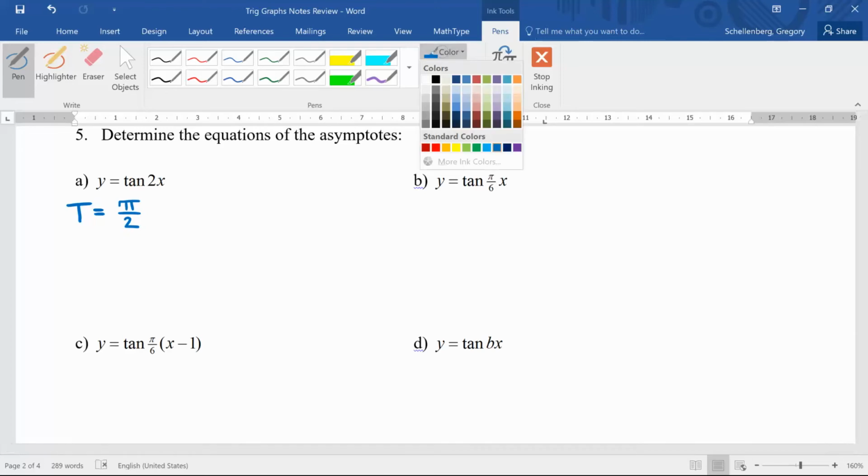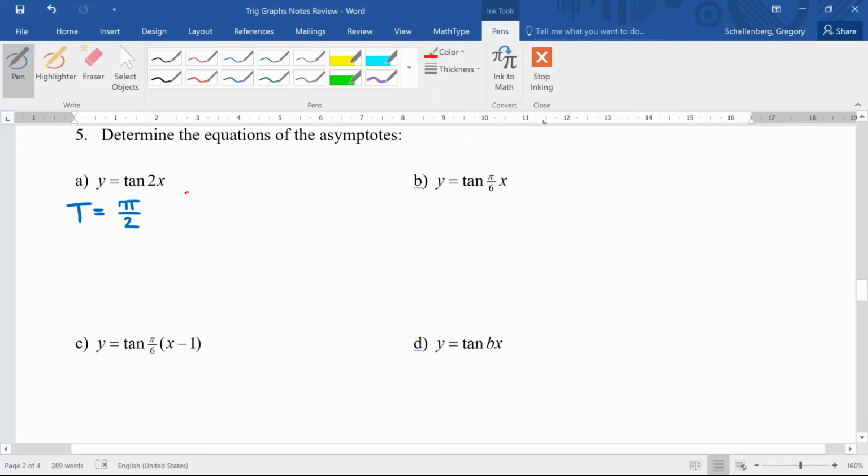Okay, our sig points occur in quarter periods. So we'll do pi over 2 divided by 4, or we'll just multiply by 1 over 4. So they occur every pi over 8 units.